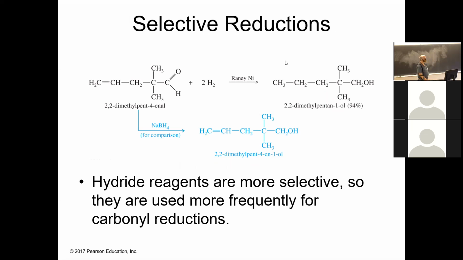Here's a comparison. We have a compound with both an aldehyde and an alkene. Raney nickel adds hydrogen to both of those groups, and we get this fully saturated compound. Sodium borohydride just attacks the aldehyde, and notice here it leaves the alkene alone.